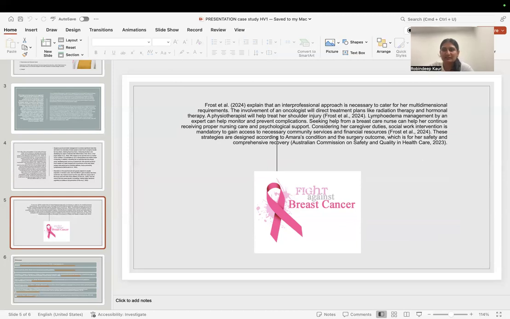Seeking help from a breast cancer nurse can help her continue receiving proper nursing care and psychological support. Considering her caregiver duties, social work intervention is mandatory to gain access to necessary community services and financial resources. These strategies are designed according to Amara's condition and the surgery outcome, for her safety and comprehensive recovery.